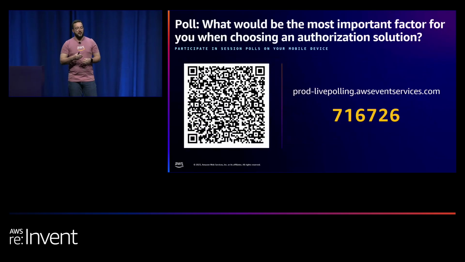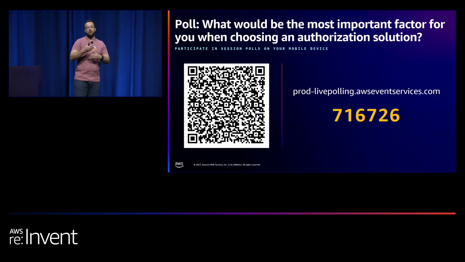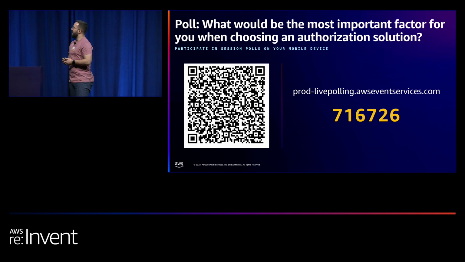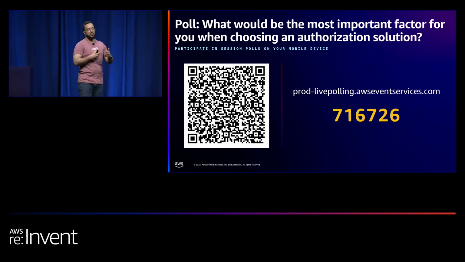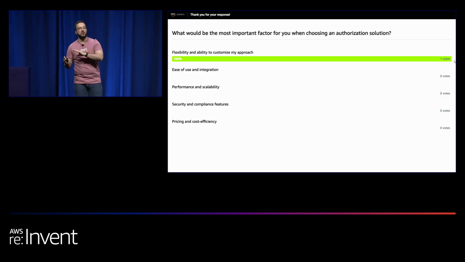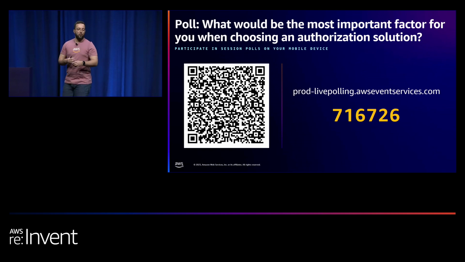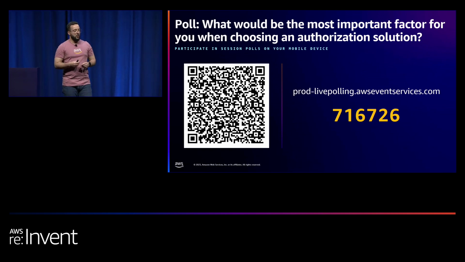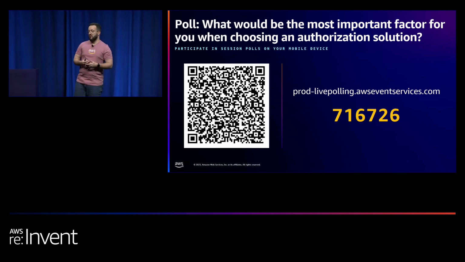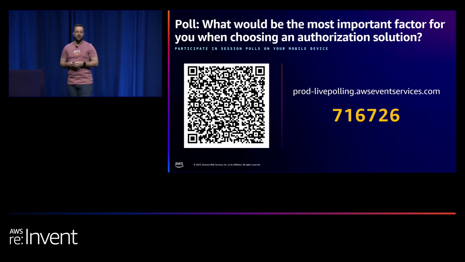And in terms of the summary, I would like to ask you another question. What would be the most important factor when choosing an authorization solution? Because many of you actually have custom-based solutions, but it would be great to see how you choose an authorization solution provider.